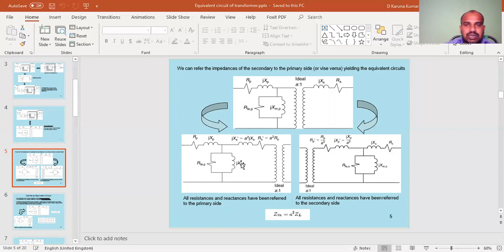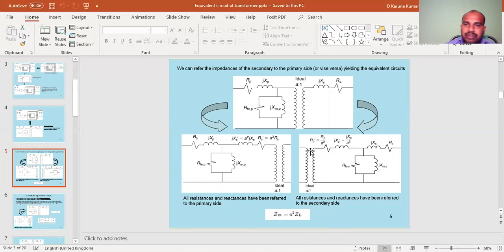Here Rp means primary resistance, Xp means primary reactance. If you want to refer to the secondary side, the reactance equals A squared times Xs, and the secondary side resistance equals A squared times Rs. Okay, this is with all resistance and reactance referred to the secondary side.